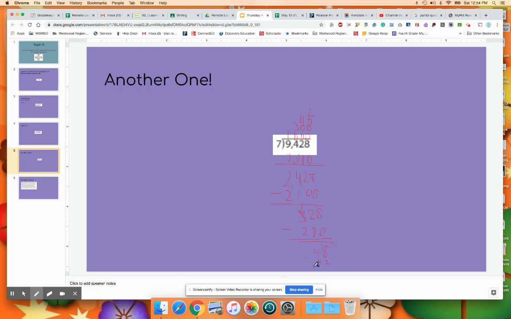And 48 minus 42 is 6. So that's going to be my remainder. So if I box this all up, 1,000 plus 300 plus 40 plus 6 gives me 1,346. And there is a remainder of 6.